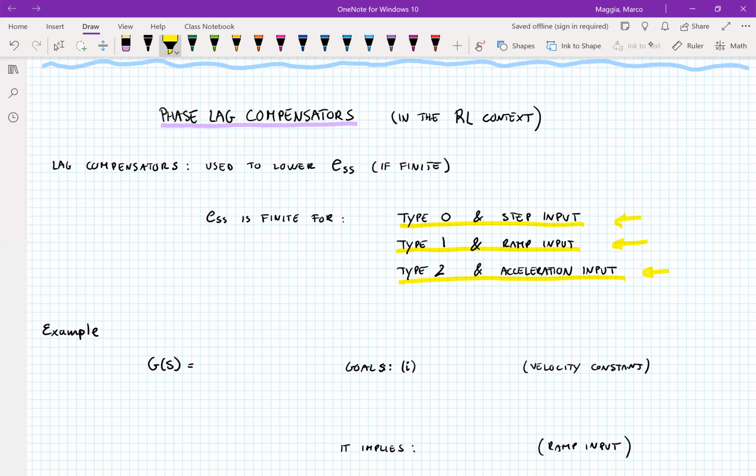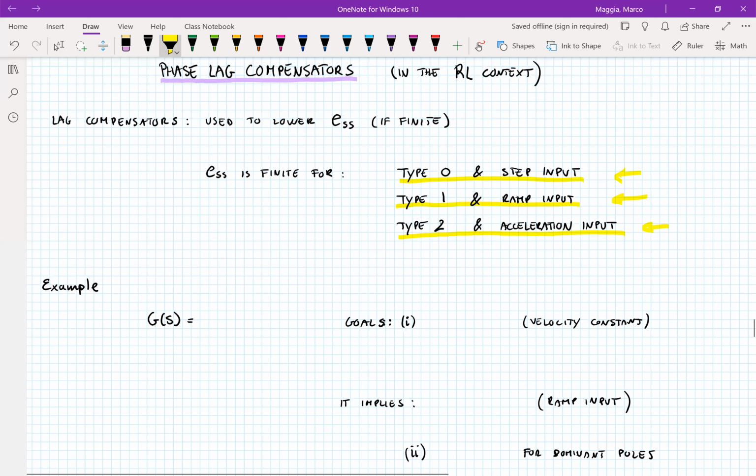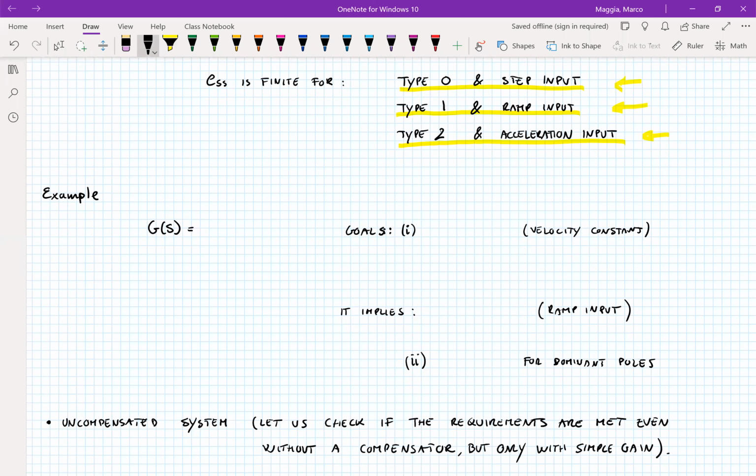So now we're going to see how to design a lag compensator using an example. And then, as we did last time, we will have a summary at the end with all the steps needed for the design.